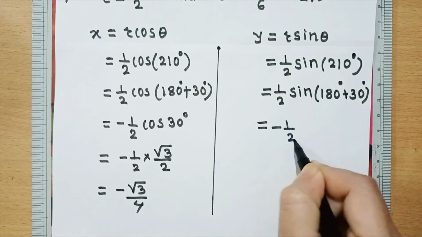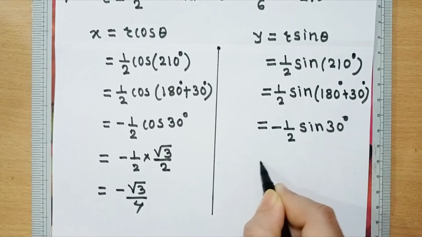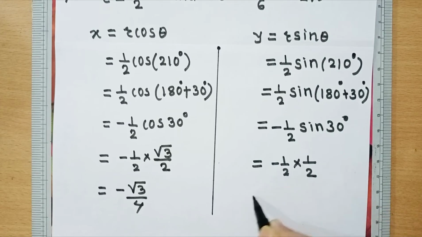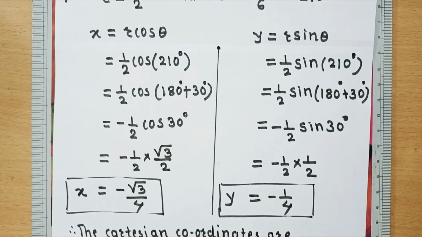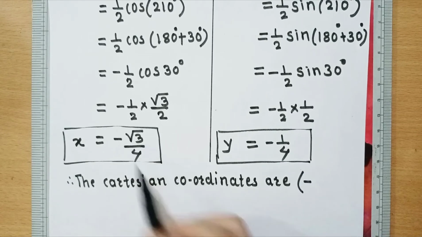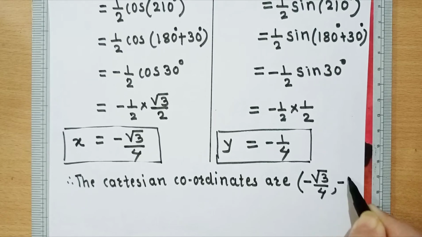So minus 1 upon 2 sine of 30, and again sine 30 is 1 upon 2, and so the final answer is minus 1 upon 4. And therefore the Cartesian coordinates are minus root 3 upon 4 and minus 1 upon 4.